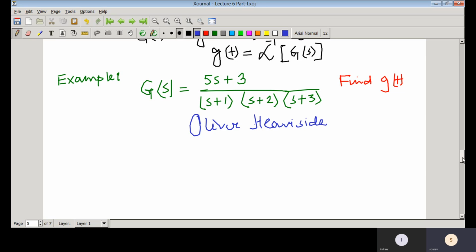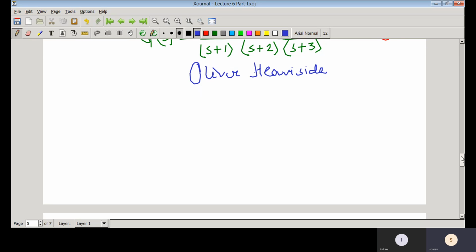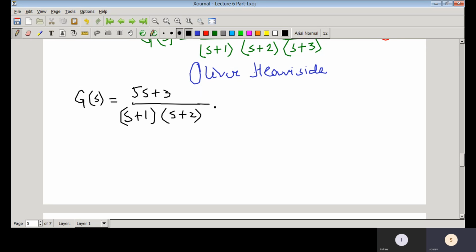He gave us one method for finding partial fractions. So first we represent this G(s) in partial fraction form: (5s plus 3) divided by (s plus 1)(s plus 2)(s plus 3) can be represented as A by (s plus 1) plus B by (s plus 2) plus C by (s plus 3).